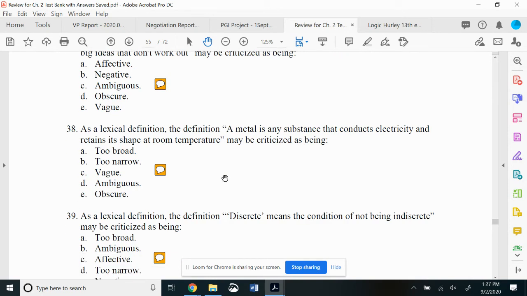38. Lexical definition. Metals, any substance that conducts electricity and retains its shape at room temperature may be criticized as. This one is B, too narrow. Too narrow means it doesn't let in enough. It means that it could also be not a metal. It could be something else that conducts electricity. It could be water. It could be a bunch of things. So it's too narrow. It needs to include more.